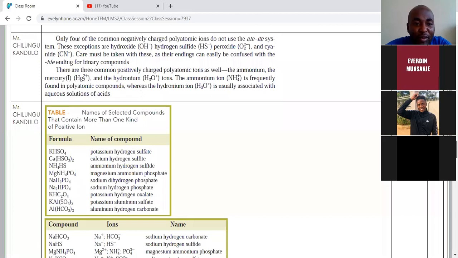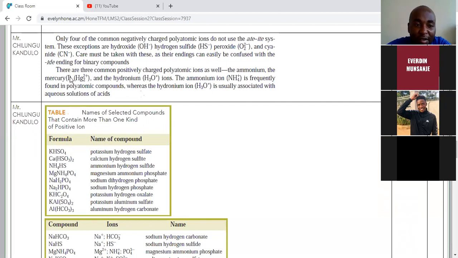Some are unique, for example mercury 1. Mercury 1 is also a polyatomic ion. It is Hg2 2 plus, so it works as an entity.